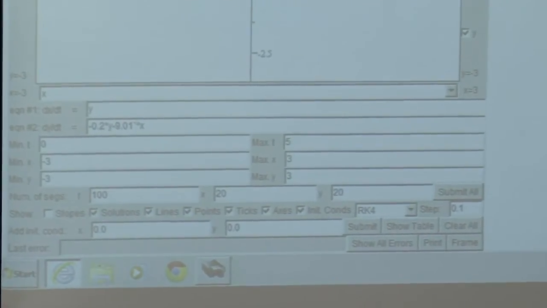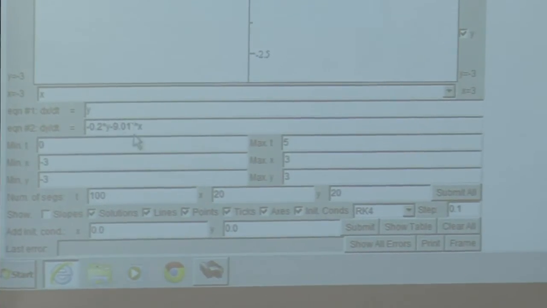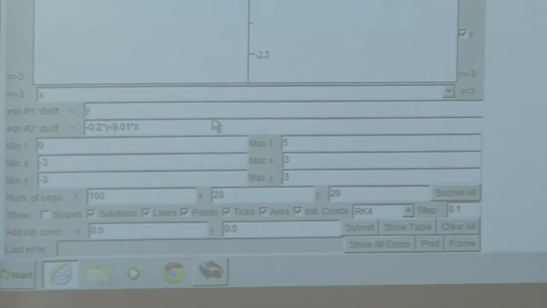So I'm going to make this 9.01. All right? So now if P is 0.2 and Q is 9.01, then what is this?